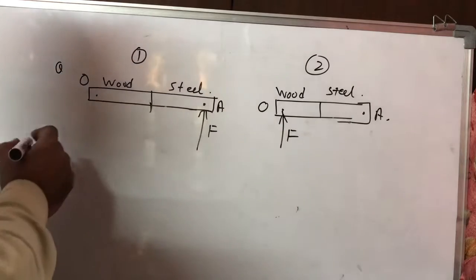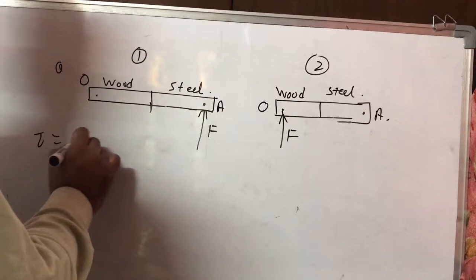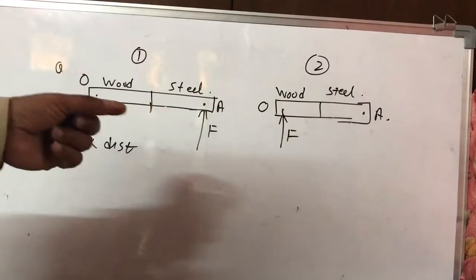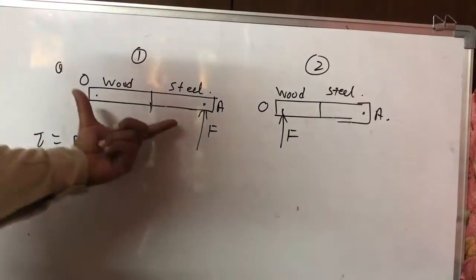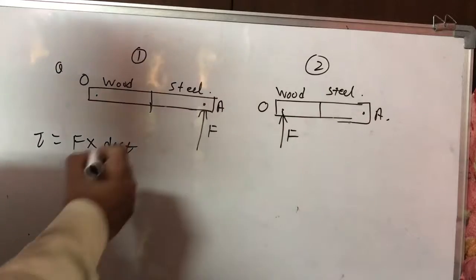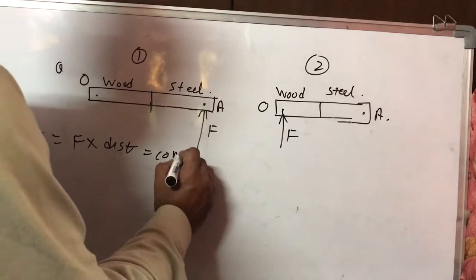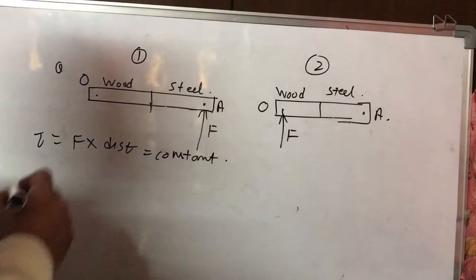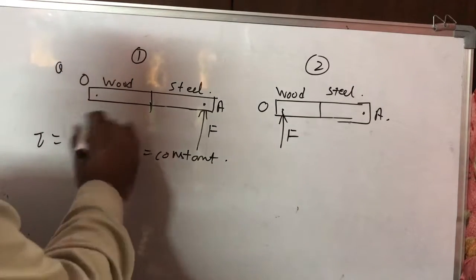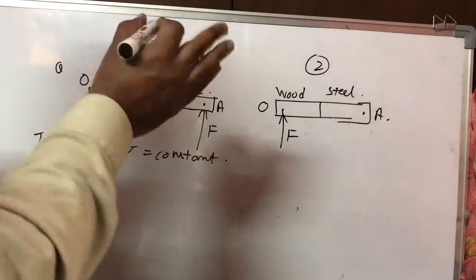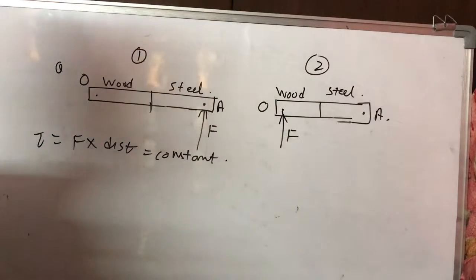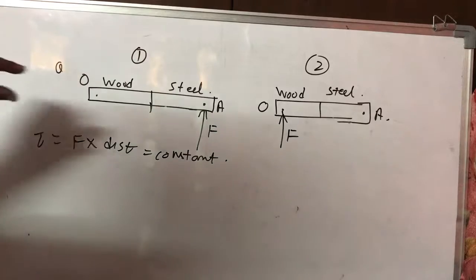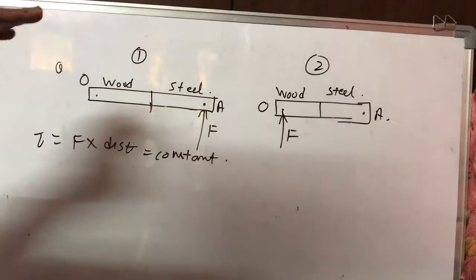Now, we know that torque is equal to force multiplied by perpendicular distance. In both the cases the force is same and the perpendicular distance is also 1 meter. So the torque produced in both the cases is same. So it is constant in both the cases. But if I compare the moment of inertia in the two cases, we know that wood and steel are of equal length and area of cross section of both of them will also be same.